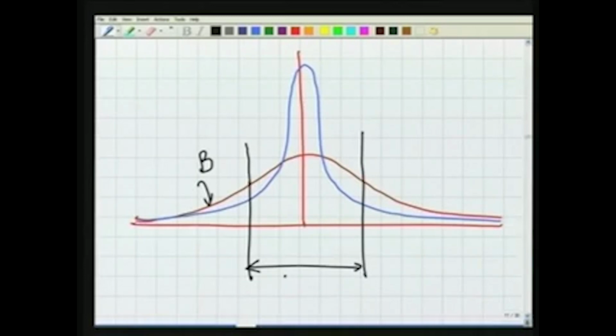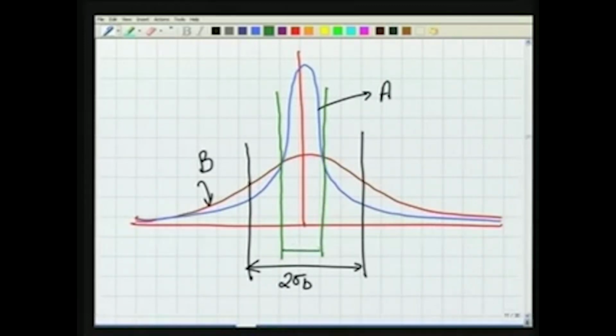So this total is 2 sigma B. We have already computed sigma B from the observations. For observer A, the point of inflection should be somewhere here, and we have already computed sigma A. So this is 2 sigma A. Now, look at these two curves. Do they say anything about precision?